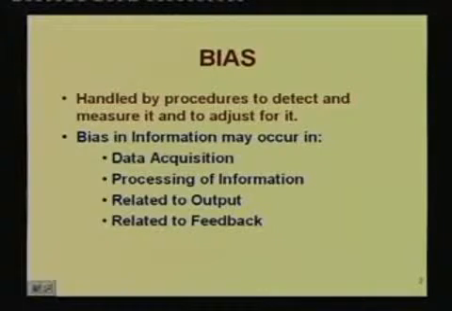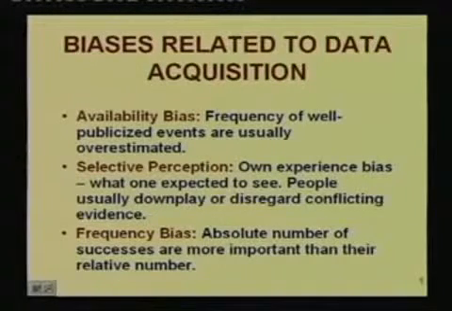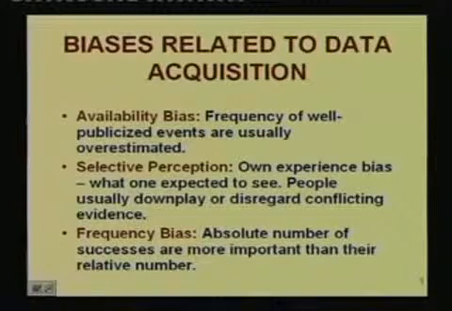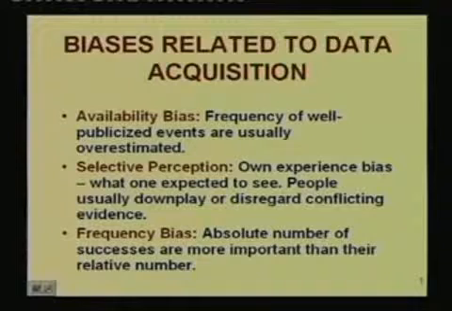Now, as we discussed on the previous day, bias is handled by procedures to detect, measure and adjust for it. Bias can occur in data acquisition, in processing of information, in output, and in feedback. Some of the data acquisition biases we have already seen, like the availability bias: the frequency of well-publicized events is usually overestimated.